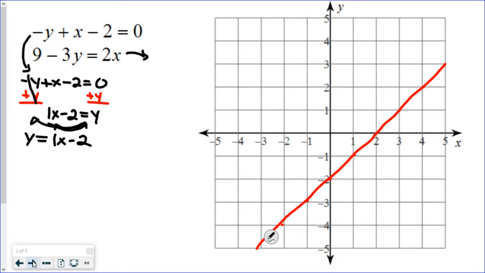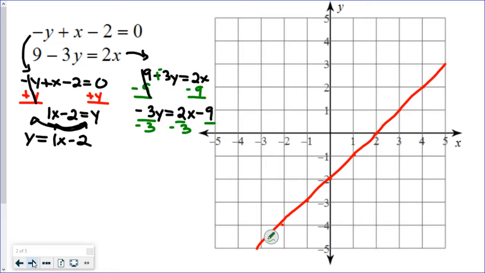Okay, so we have 9 minus 3y equals 2x. So I'm going to start by minusing 9. Now remember, that's really a -3y. So I have -3y equals, now I want my x first because that is slope-intercept form. And I'm going to divide everything by -3.